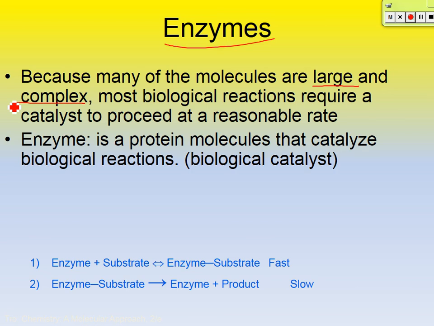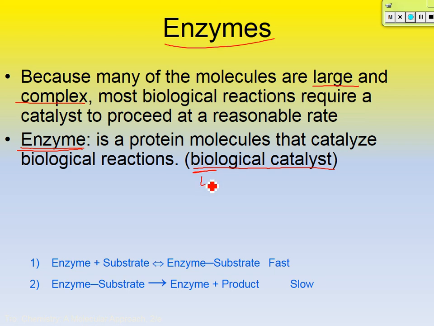An enzyme, you're supposed to write down the definition of an enzyme. An enzyme is a protein molecule that catalyzes biological reactions. So enzymes are catalysts. The only difference between an enzyme and a catalyst is that an enzyme is a biological catalyst.